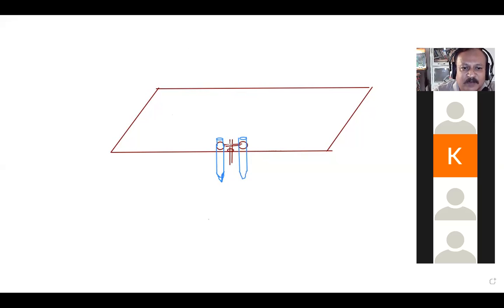And when you rotate this handle, then these tubes actually move.